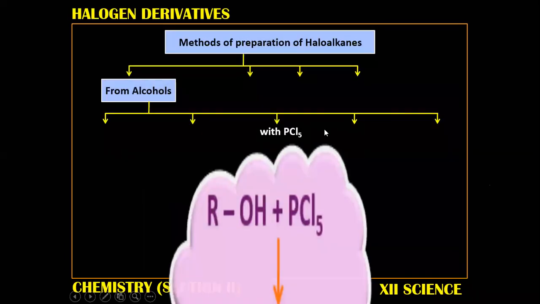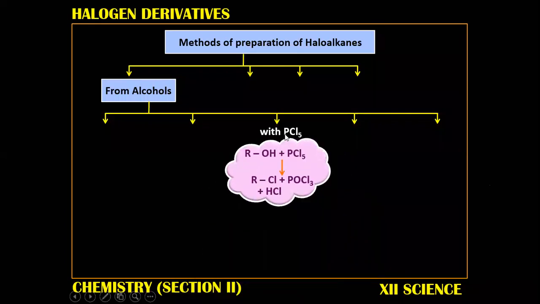In alcohol, the third one is phosphorus pentachloride. When alcohol reacts with phosphorus pentachloride, PCl5, we get RCl, POCl3 and HCl. This is the general reaction. PCl5 is called phosphorus pentachloride.